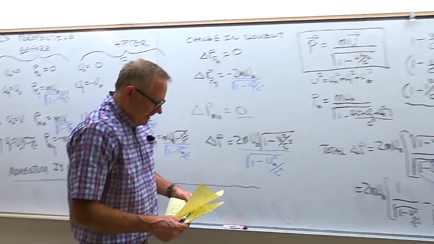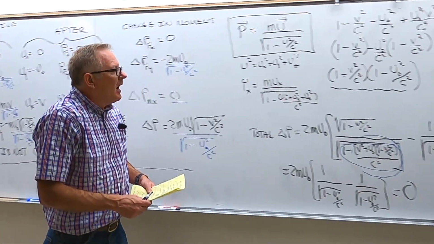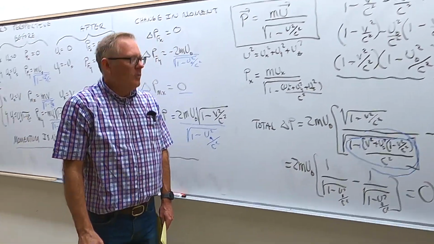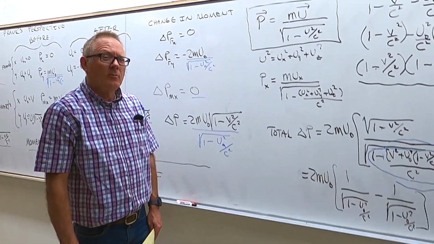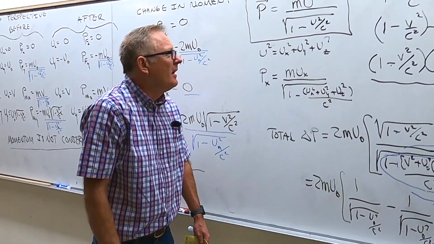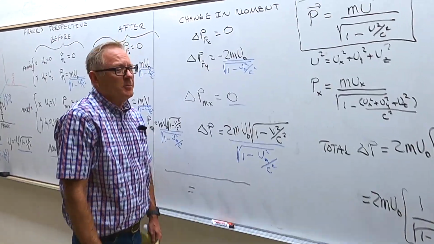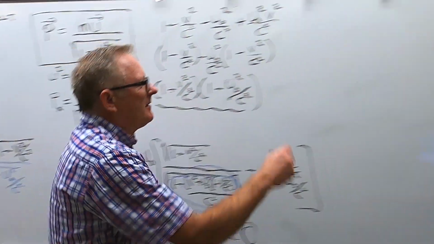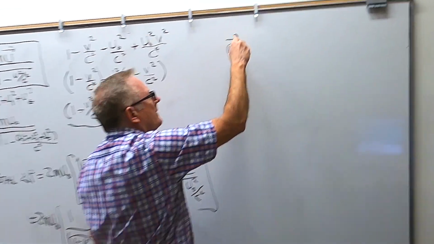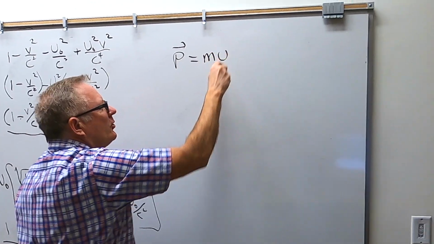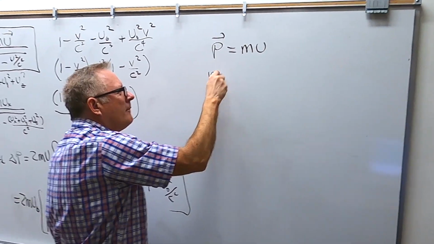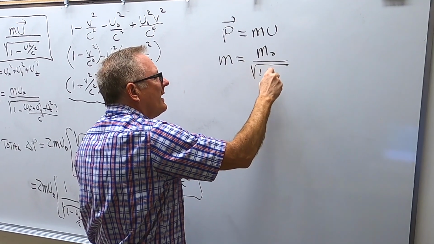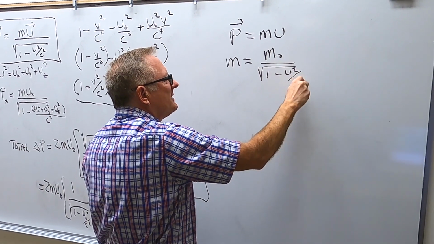Now, I should tell you that if you look at old modern physics books, that's an oxymoron. If you look at an old modern physics book, you'll notice that they define momentum this way: P is equal to mu, but they say m is equal to m naught all over the square root of 1 minus u squared over c squared.